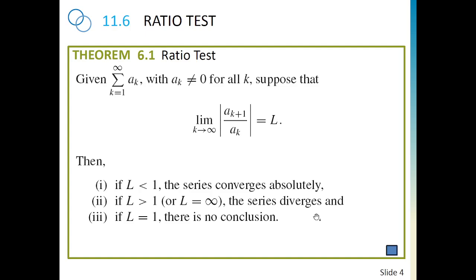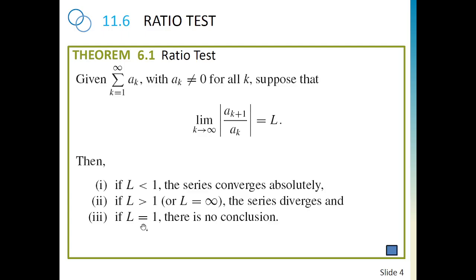This is something quite interesting and new, because we don't have many tests that conclude the divergence of the series. We have the test for divergence, and that's pretty much the only one. So now with this ratio test, we have another way of concluding that a series can be divergent.